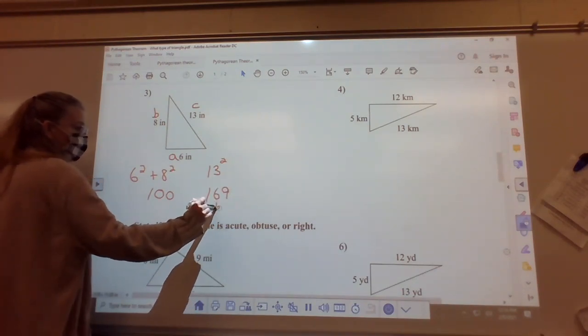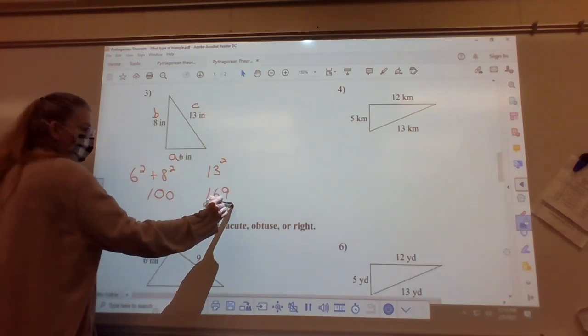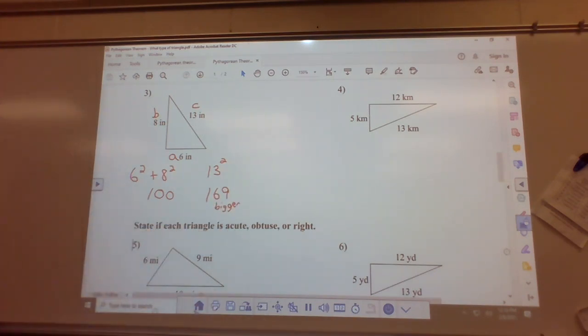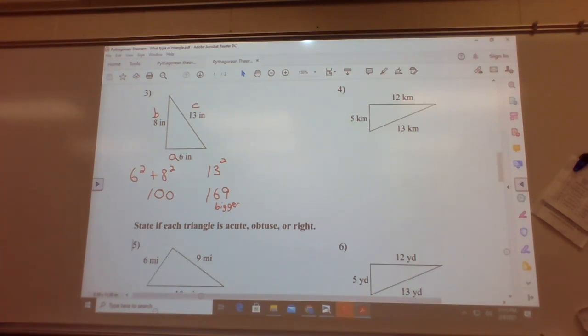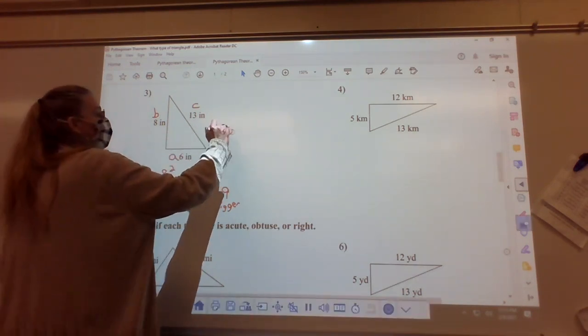Well, in this case, this number is bigger. So since it's bigger than it needs to be for a right triangle, what type of triangle did we create? Obtuse, because that longer side is longer than it needs to be. So it's obtuse.